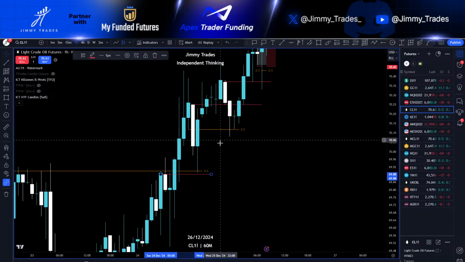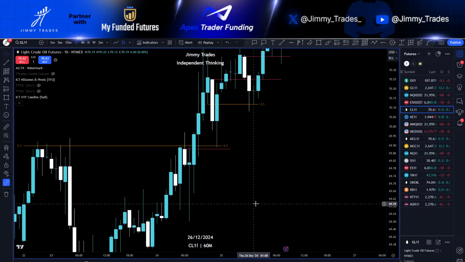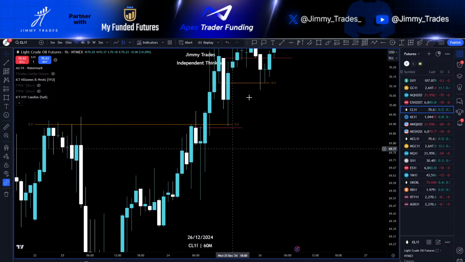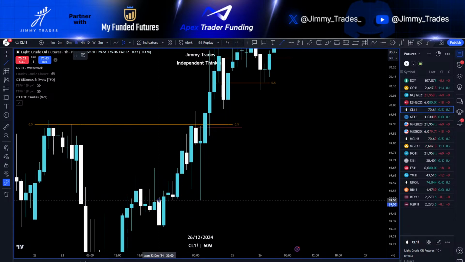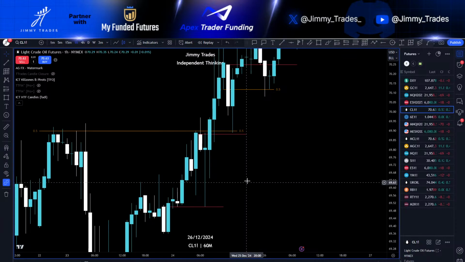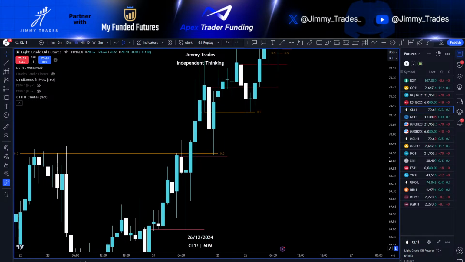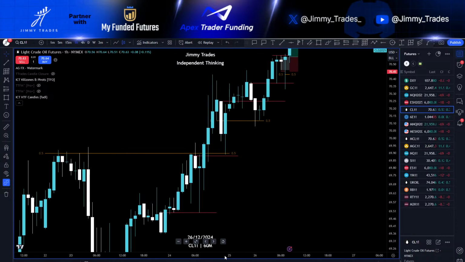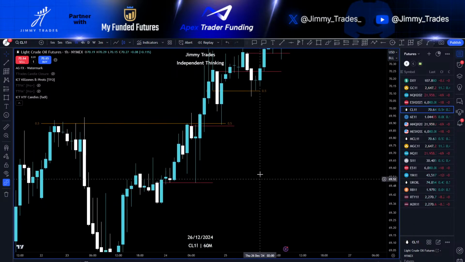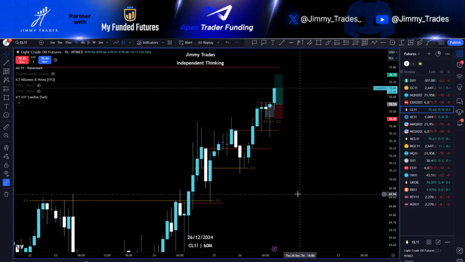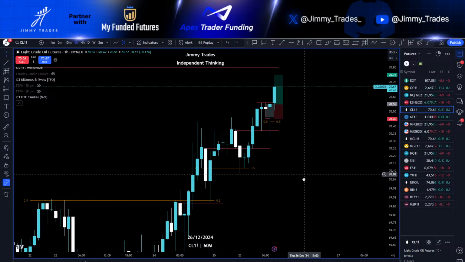Price reacting off the opposing candle. Again down here. This is something you want to look at, guys. This helps give insight to order flow. Oh, look at this run.